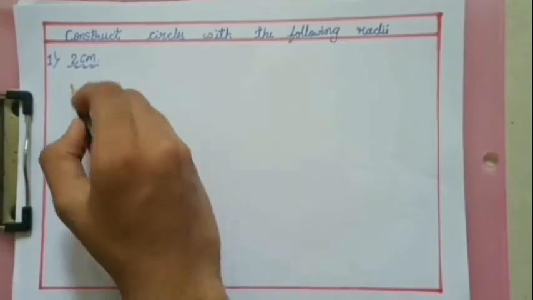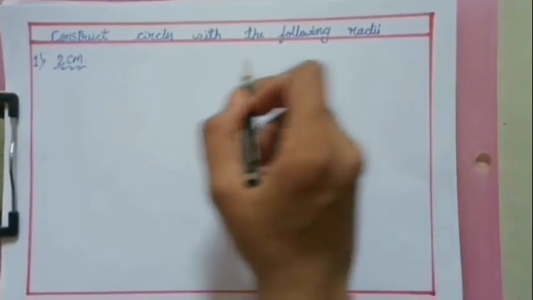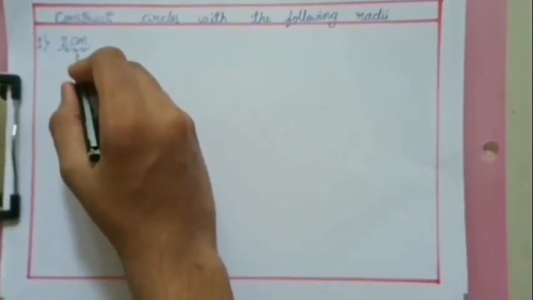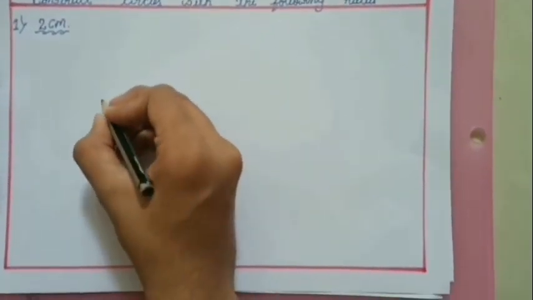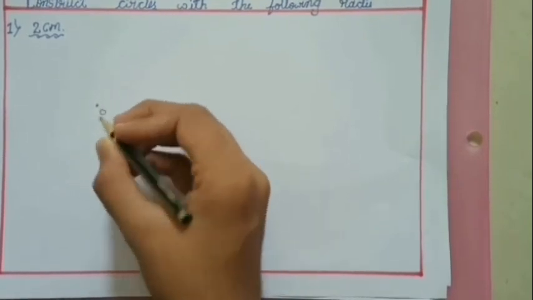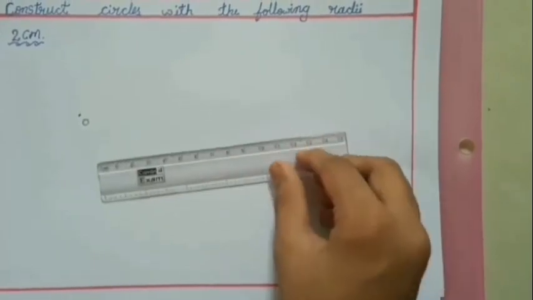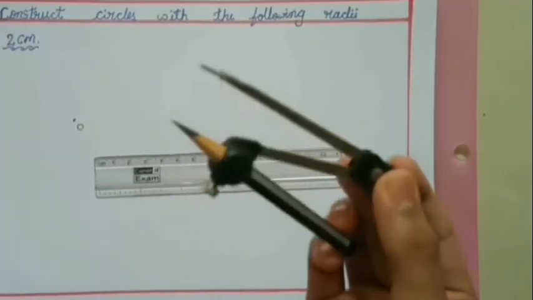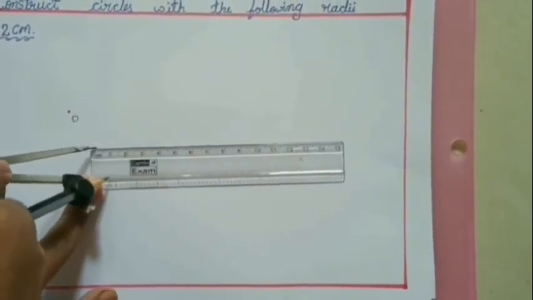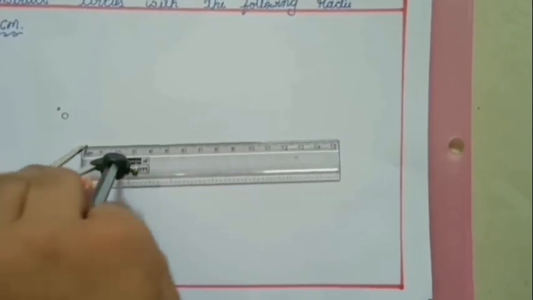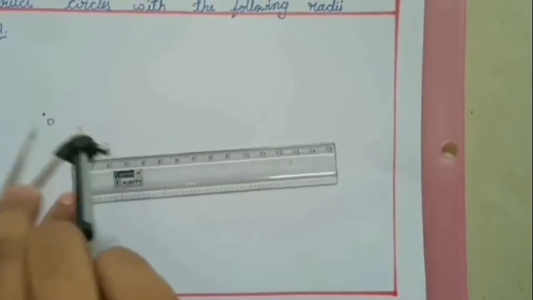Now we should construct the circle with the given radius. First we have 2 centimeter. We will take the compass and place it on the scale and keep the metal tip on the 0 centimeter of the circle and keep the pencil tip on 2 centimeter line.